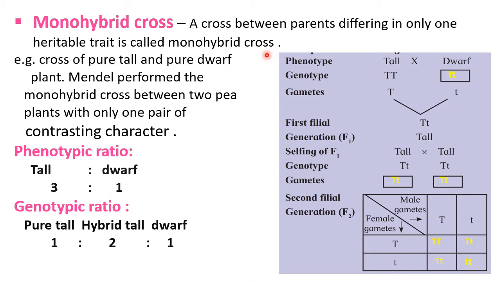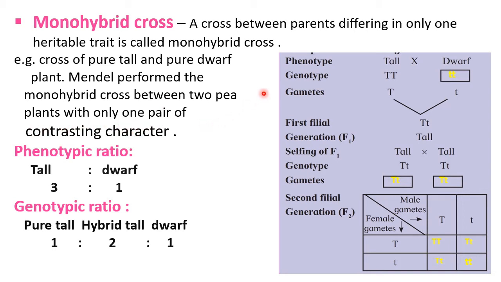For example, Mendel carried out an experiment on pea plants by considering the character height. Height shows two variants, pure tall and pure dwarf. So Mendel performed a monohybrid cross between these two pea plants with only one pair of contrasting characters.